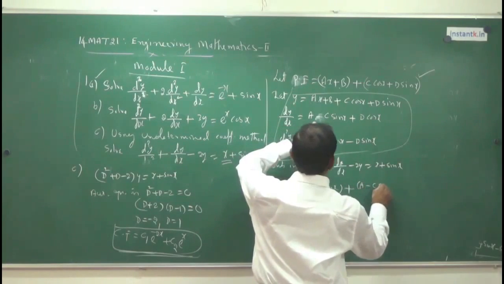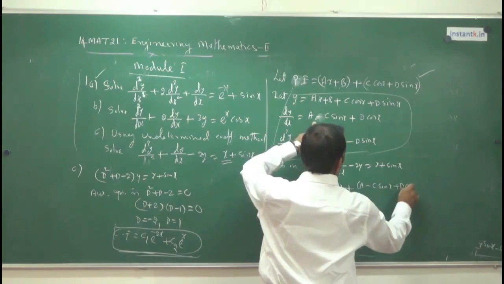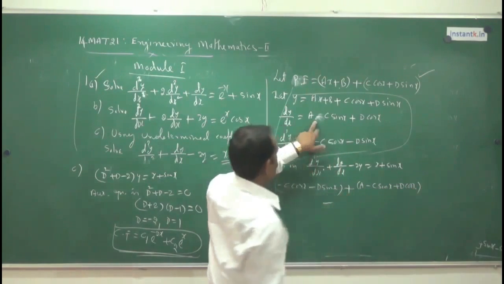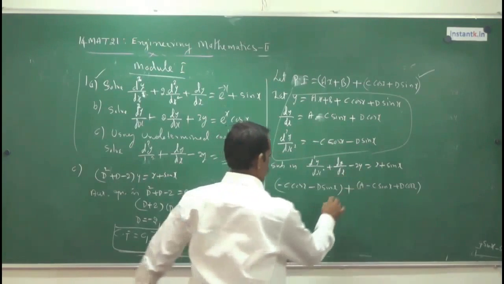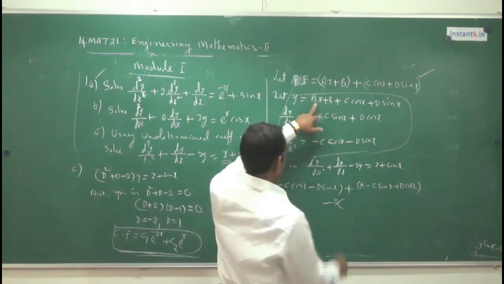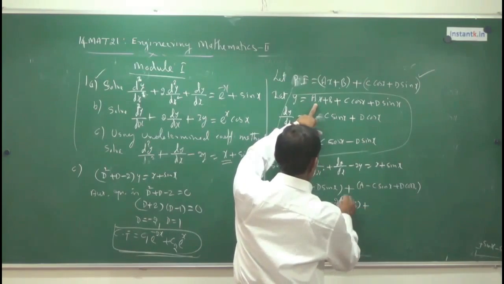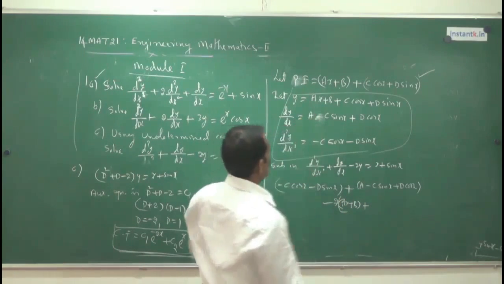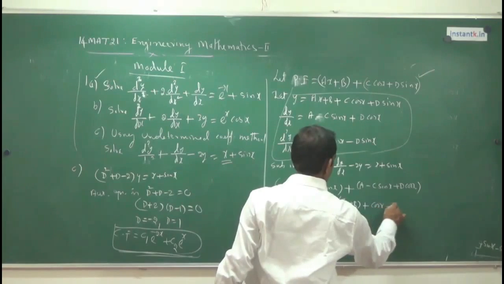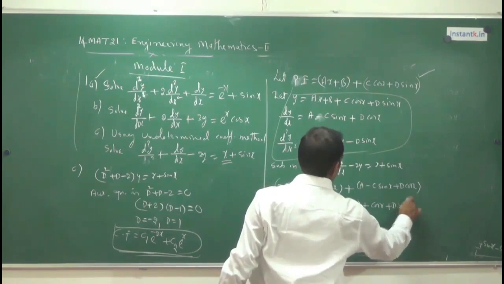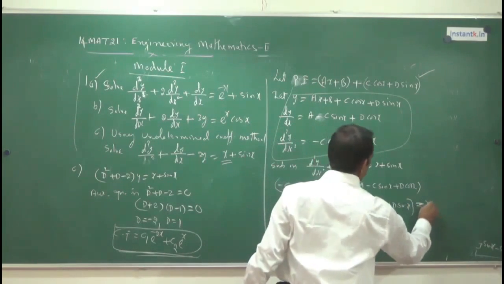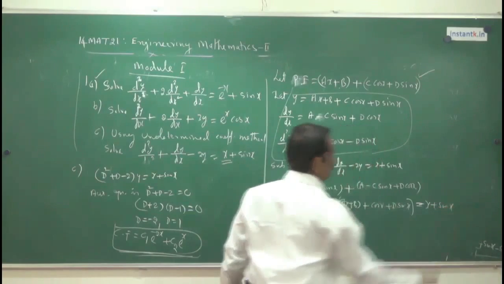It is a minus c sin x plus d cos x, minus 2 into y. Y is ax plus b plus c cos x plus d sin x, so 2 is common, equal to the right hand side, x plus sin x.